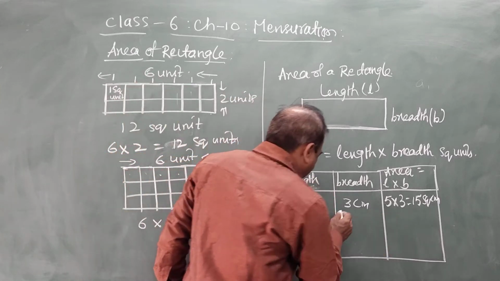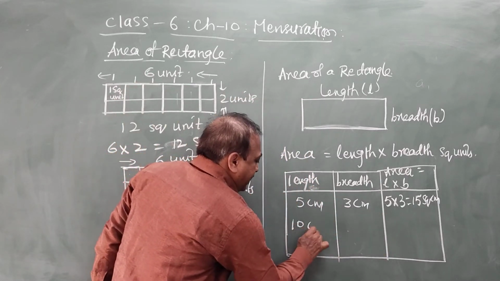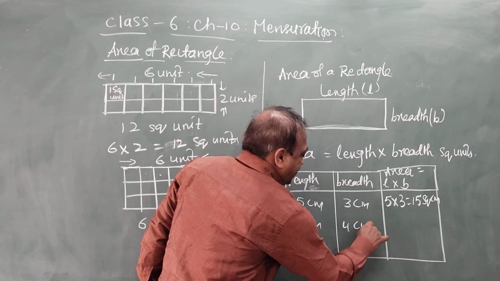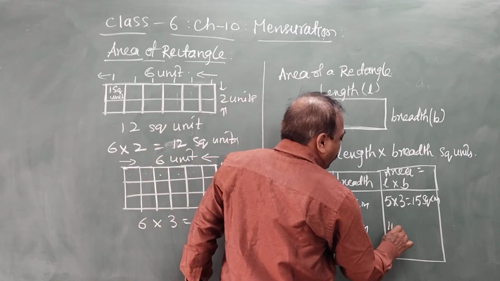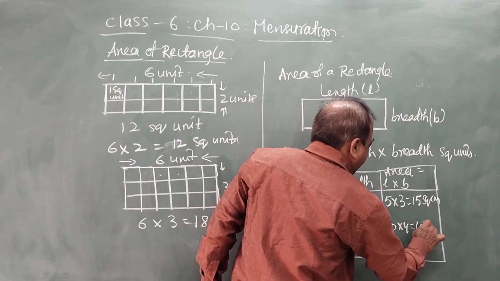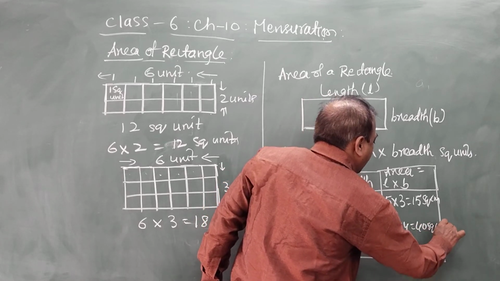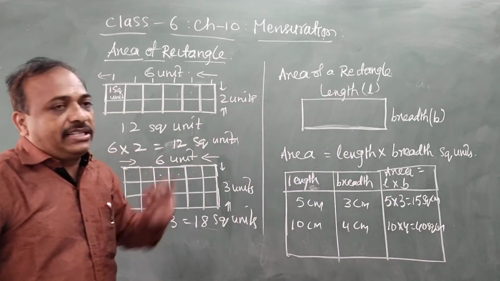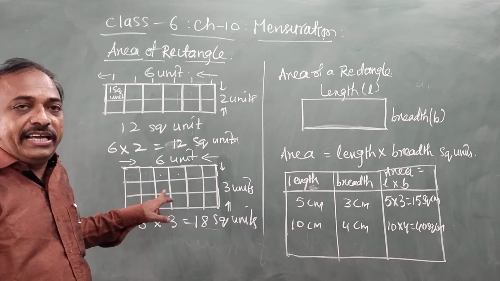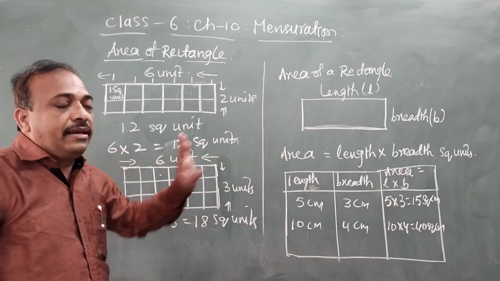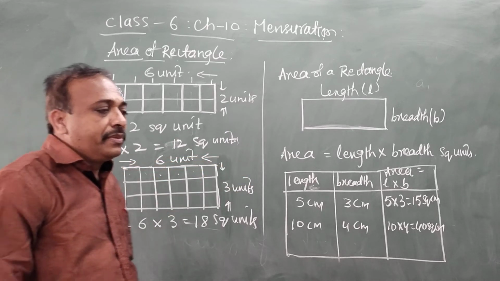If you take one more example, 10 centimeter into 4 centimeter. 10 is the length, 4 is the breadth. So 10 into 4 is 40 square centimeters. Like this we calculate length into breadth to find the area of a rectangle. I hope it is clear to you.